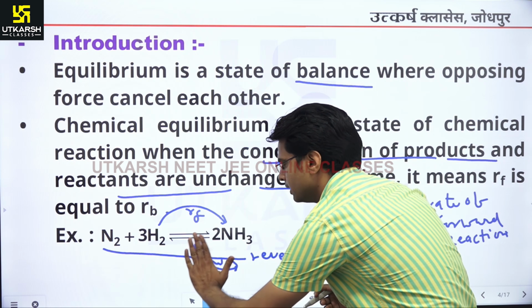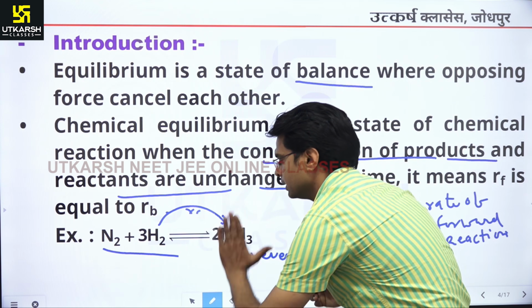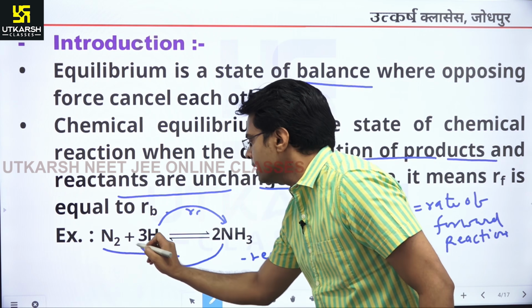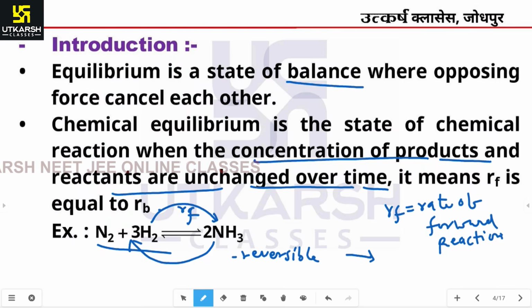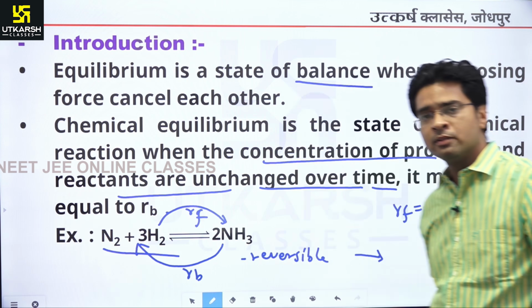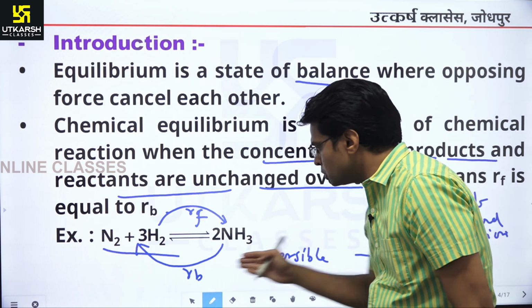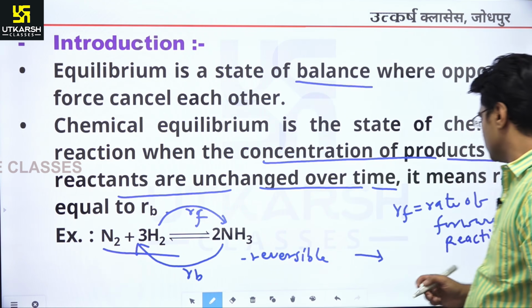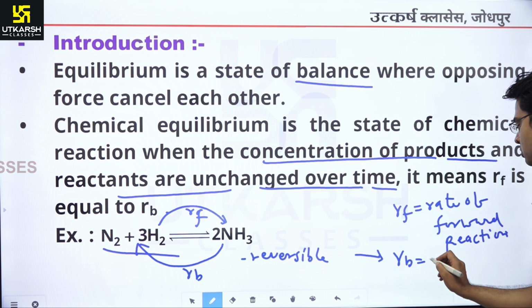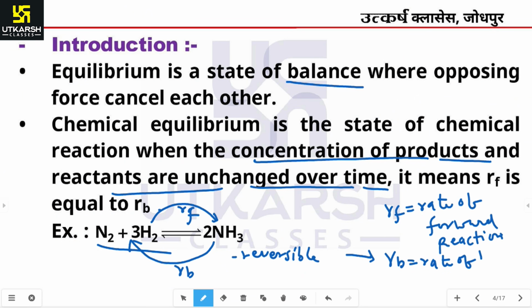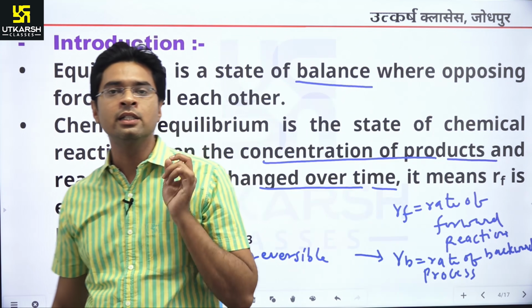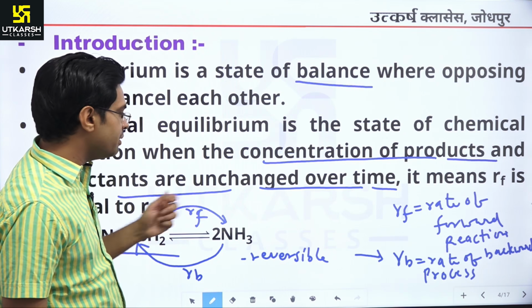The backward reaction is the one by which ammonia decomposes and produces nitrogen and hydrogen. So formation of ammonia is the forward process and decomposition of ammonia is the backward process. RB is the rate of the backward process in which ammonia decomposes. So chemical equilibrium is the state whenever RF becomes equal to RB.